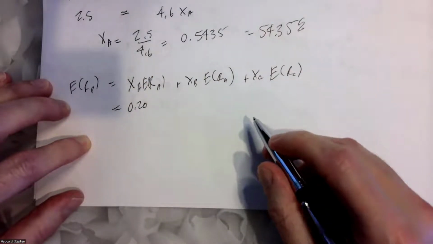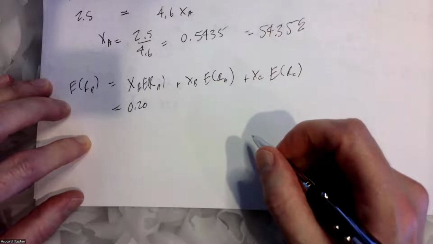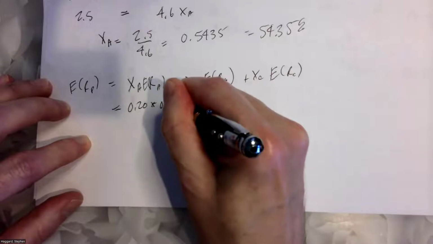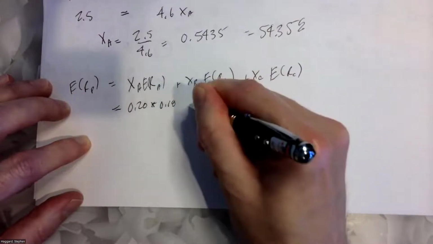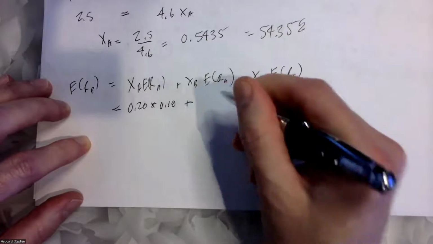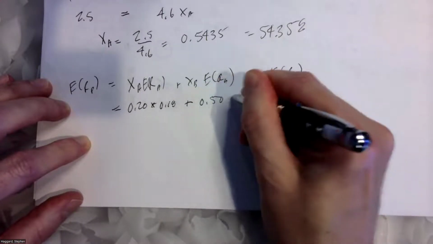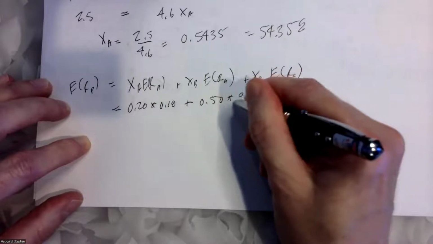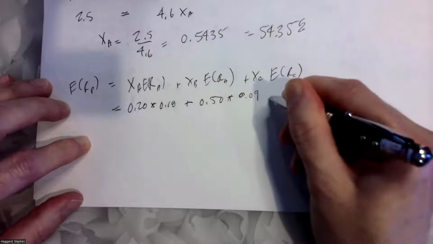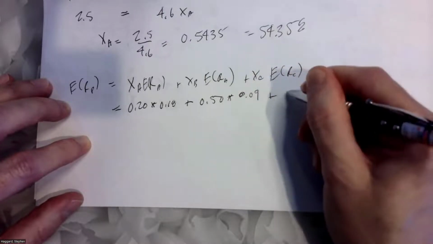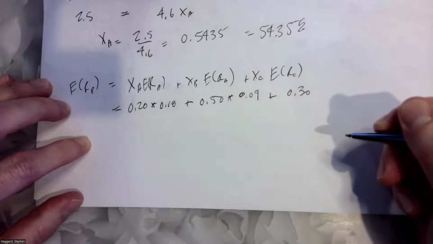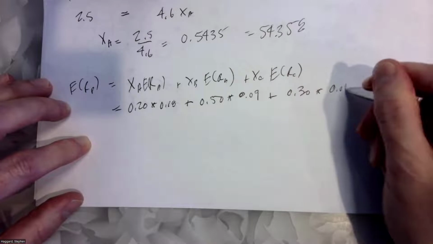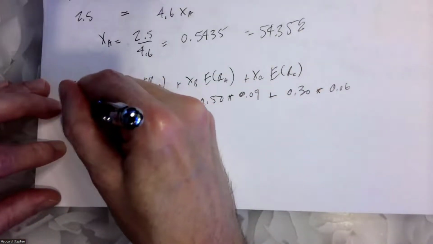And the return for stock A in the first boom scenario is 0.18, plus the weight on B is 50% times the expected return on B in the boom, which is 9% or 0.09, plus, by the way, did they even have to tell you 30% on stock C? We know those weights have to add to 1, so I didn't even have to tell you that. 0.06.